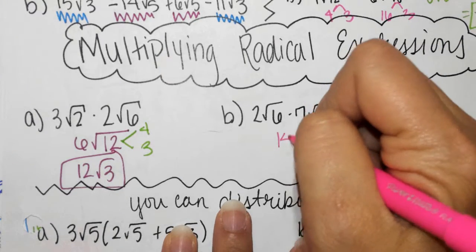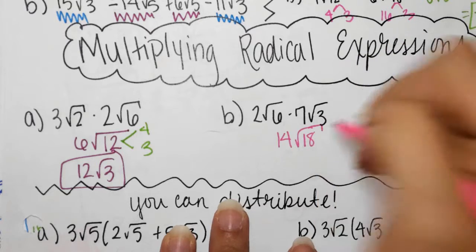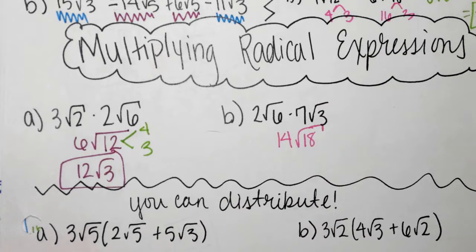Did you guys get 14 root 18? Yes, ma'am. Did you break 18 down? I'm working on it. Is there a perfect square that goes into 18? Oh, thanks so much for not saying 6, guys.